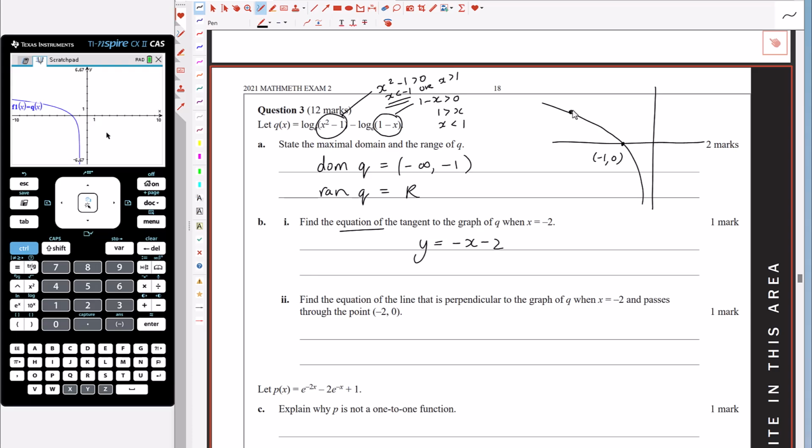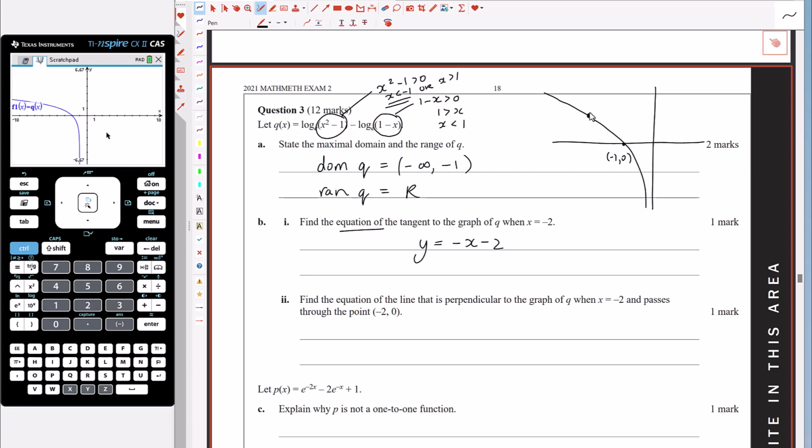So we found the equation of the tangent at this point. I'm just going to actually draw it slightly differently. Okay, let me make it a bit steeper than that. Okay, so that's -1, 0.